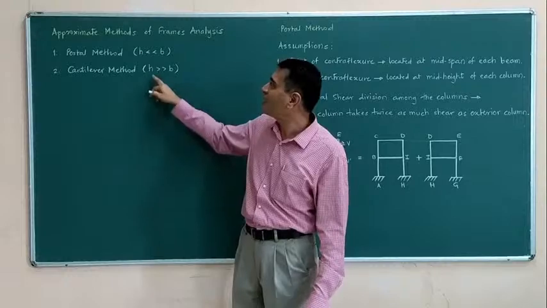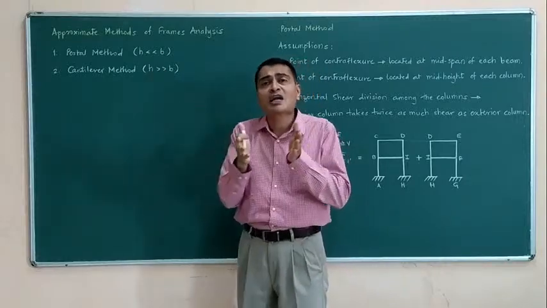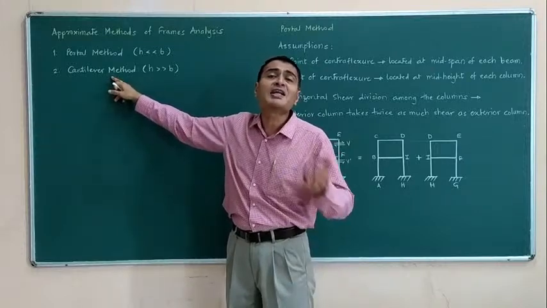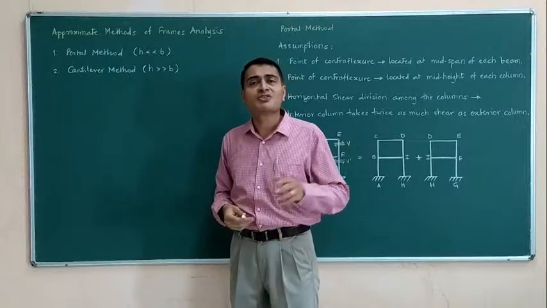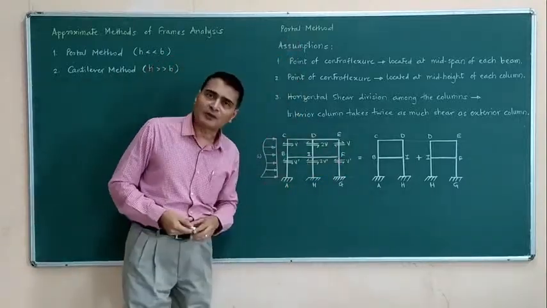On the other hand, if we have a tall frame, that is, height is quite large and breadth is small, then it is preferred that we apply cantilever method. So what are these two methods? We will see one by one, starting with what is a portal method.